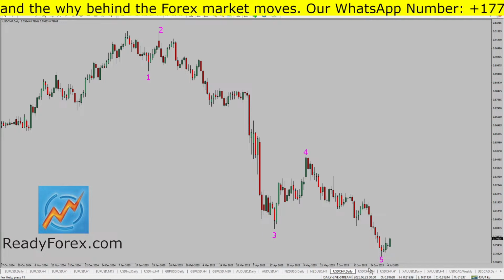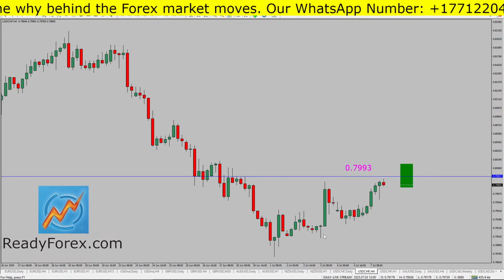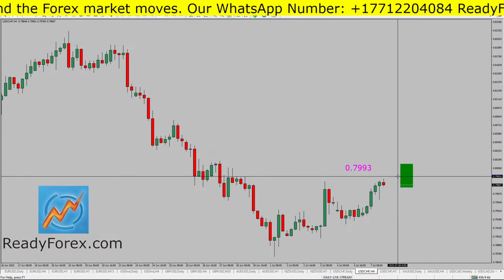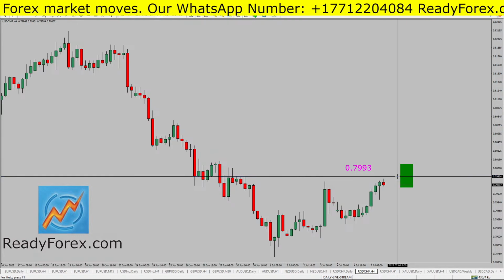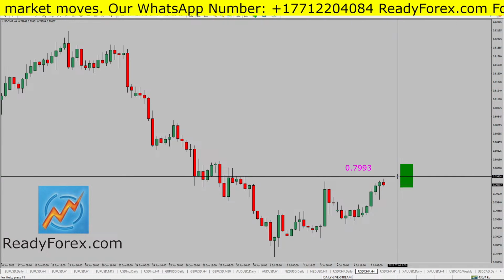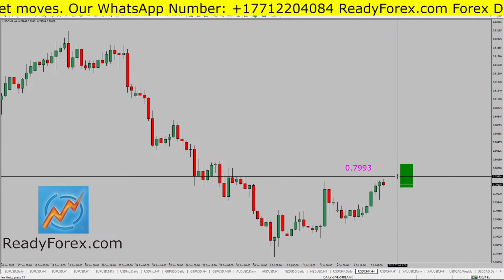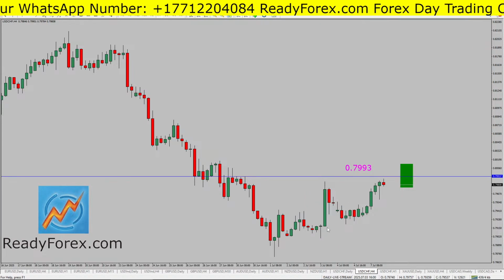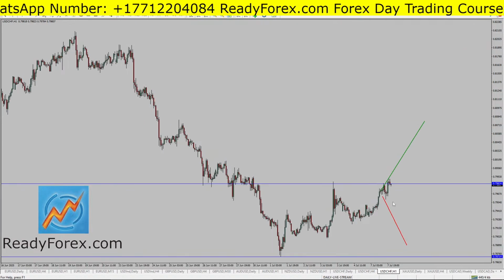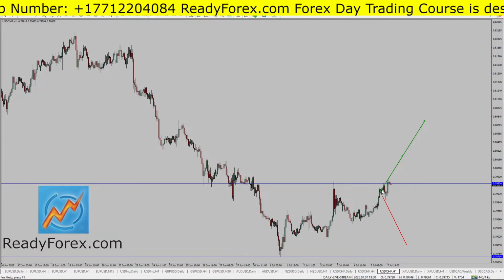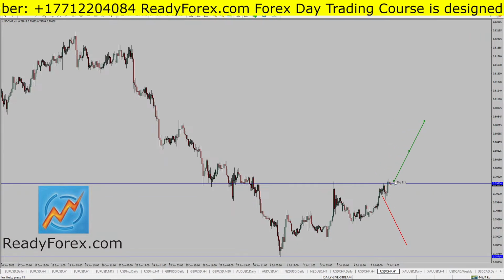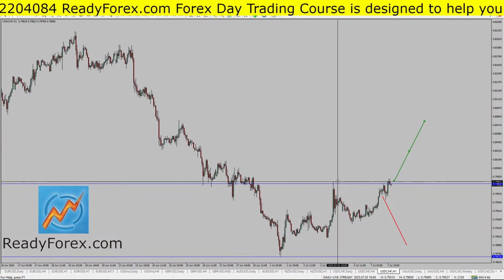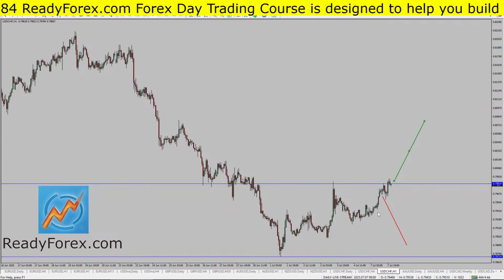Regarding the 4-hour time frame, in the 4-hour chart, we did not get a bullish candlestick close above 0.7993 level. So to me, it is still a downtrend. In the 1-hour time frame, price action actually tested this old swing high over here and this old swing high over here as well.